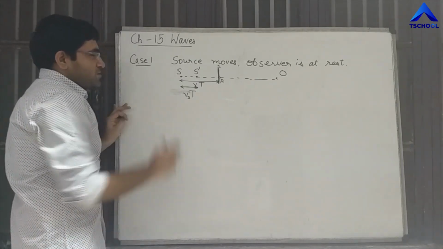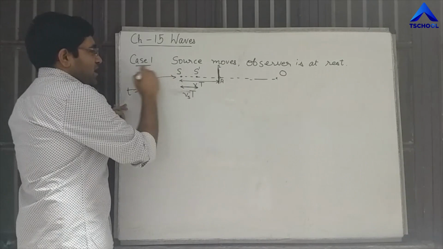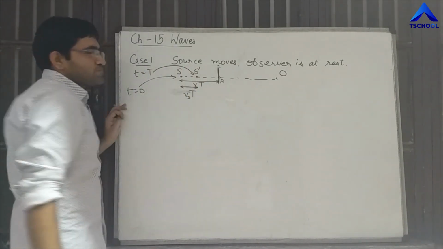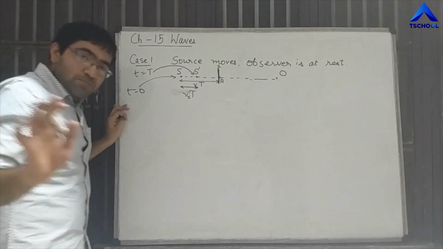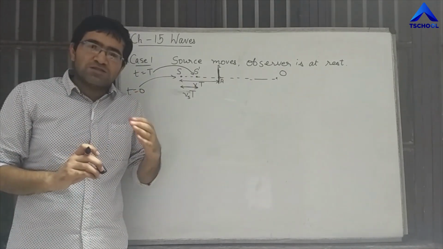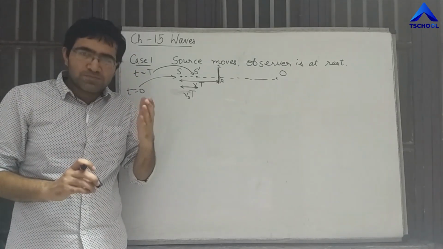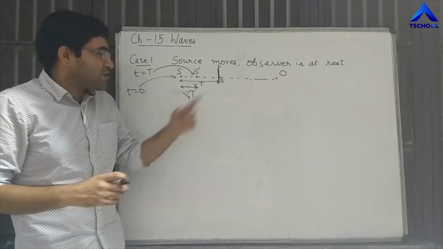So what's happening here is, this is the situation at t equal to 0, and this is the situation at t equal to T. I hope you remember that the time period of the source is actually the time in which it's going to complete one oscillation, and now it will emit the second wave or the second crest.